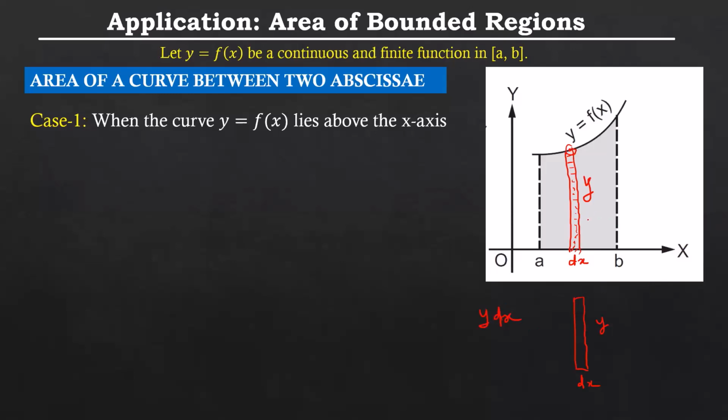This is for an infinitesimal dx. Now we extend this from a to b. Whenever we take the integration from a to b of y dx, this gives you the actual area under the curve.